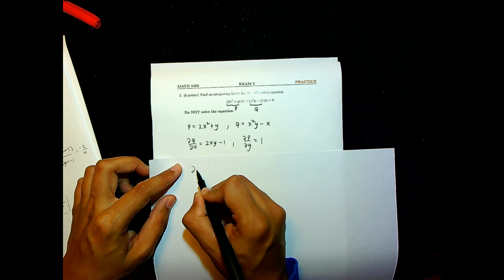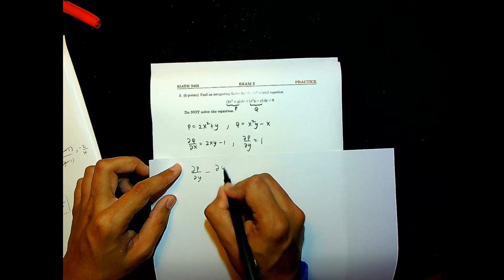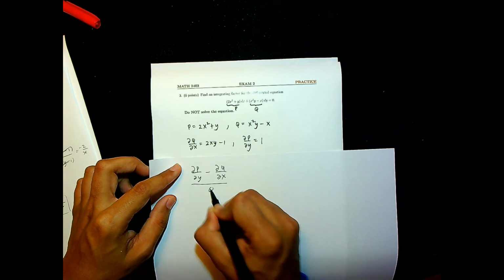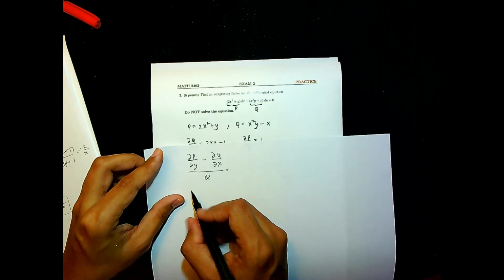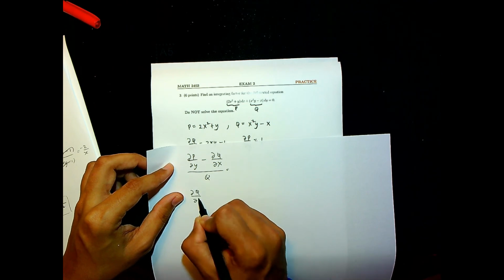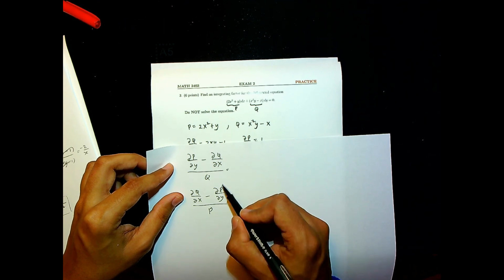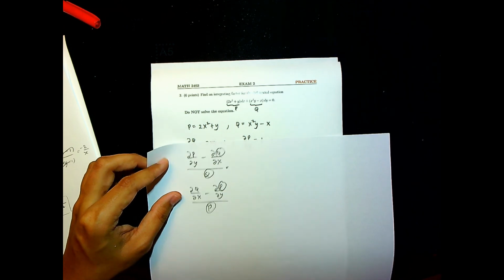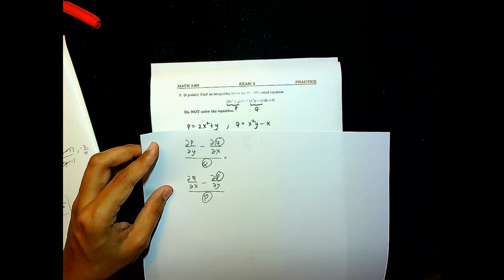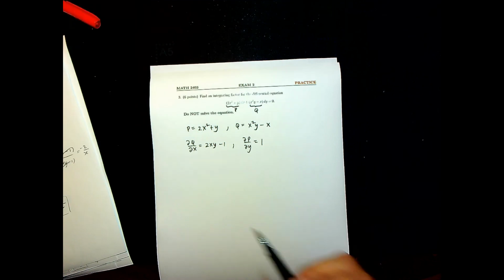Either the partial of P with respect to y minus the partial of Q with respect to x, divided by Q, or the other possibility is the partial of Q with respect to x minus the partial of P with respect to y, over P. Remember that these two have to match, so make sure that they are in the correct order. So you try both of these possibilities and see which one simplifies to a function of only one variable.